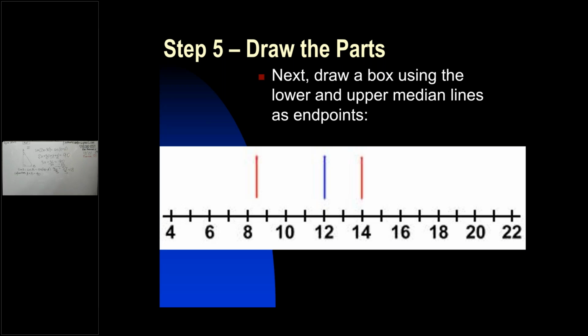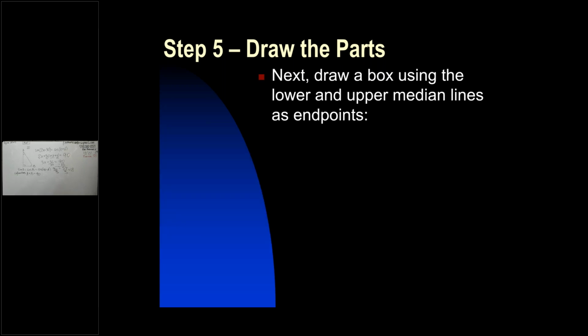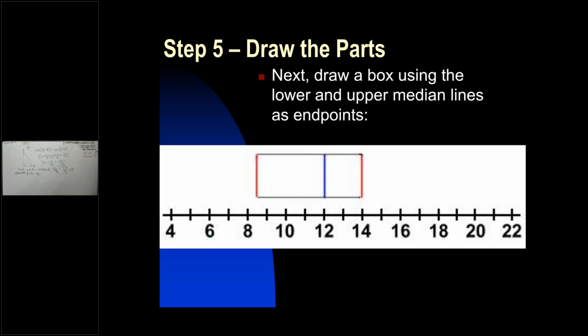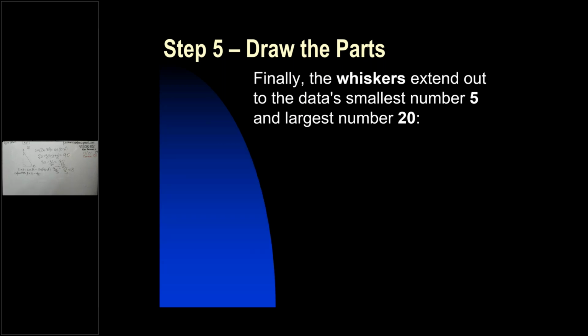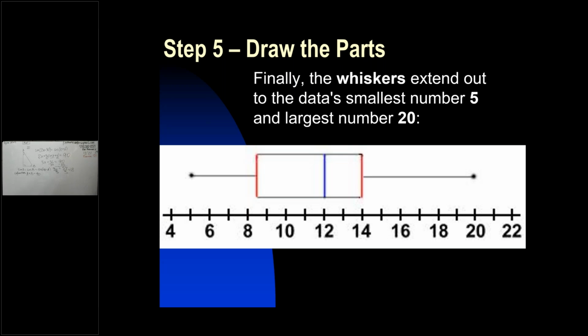They are the endpoints. So draw a box. This is a box. And remember, this is the left, right, and this blue one represents the median. Extend out whiskers to the data's smallest number, 5, and largest number, 20. Okay. And this is 5 and this is 20.